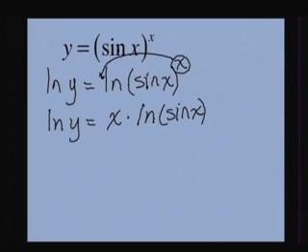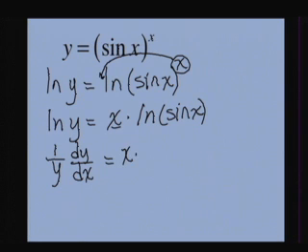And then we take the derivative of both sides. The derivative of the natural log of y is 1 over y times dy dx. And that equals, well, we have to apply the product rule. So we're going to have the first times the derivative of the natural log of sine x, which means 1 over sine x.